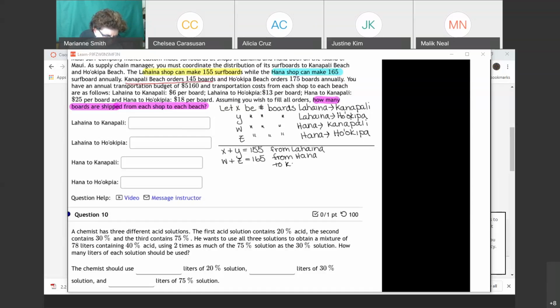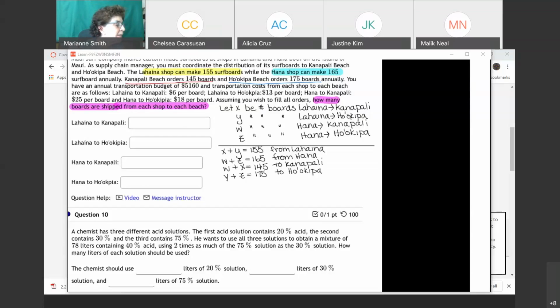Okay, this is to Kanapali. Okay, so the Kanapali variables are X and W. And we said that was 145. All right, and then the other one is Ho'okipa orders 175 boards. So I look for the destination beach, Ho'okipa, that's Y and Z. Kind of looks like a spreadsheet at this point, doesn't it?